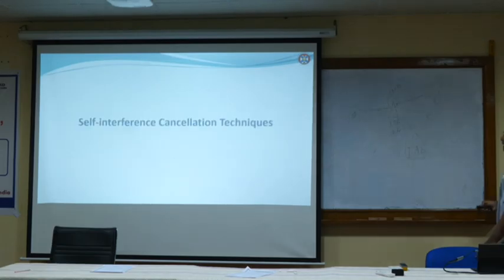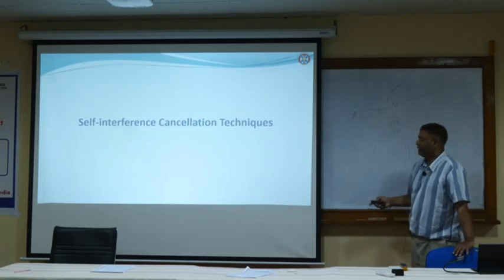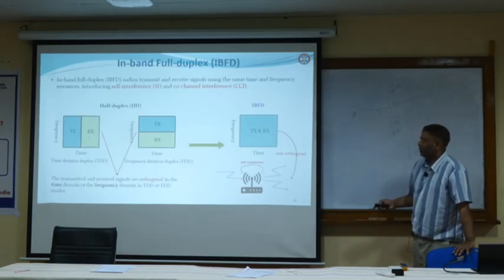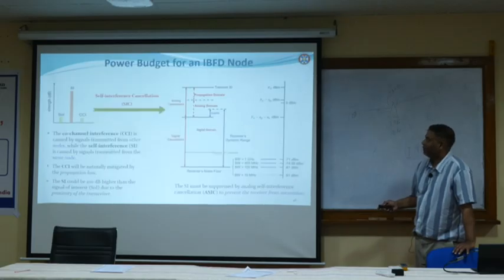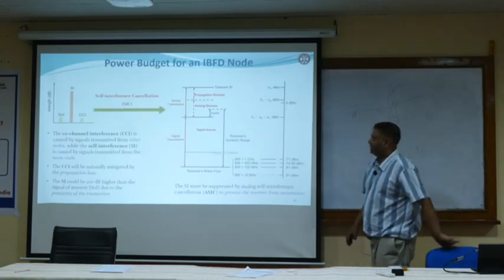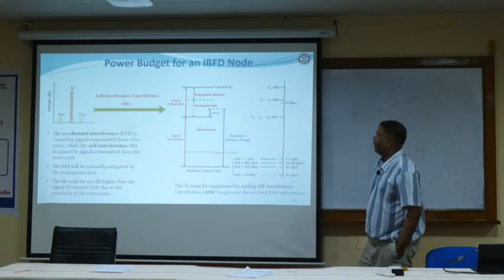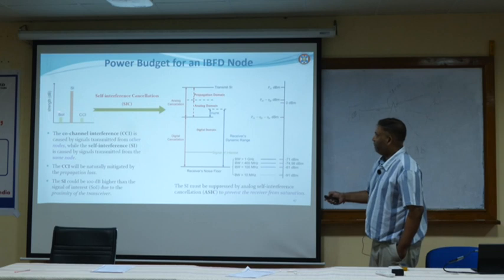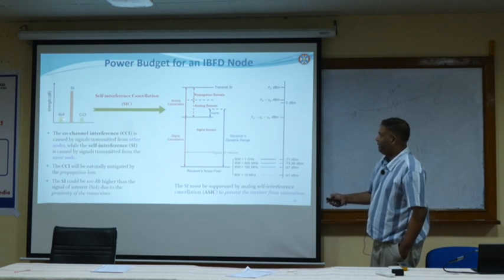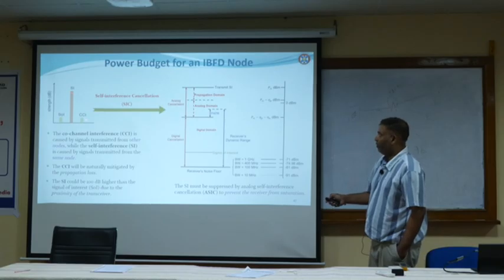Next is self-interference cancellation techniques. This is kind of a recap; I think you know all these things. This is the power budget for an in-band full duplex node. Here the signal of interest is this one, this is a strong self-interference, and this is a co-channel interference.